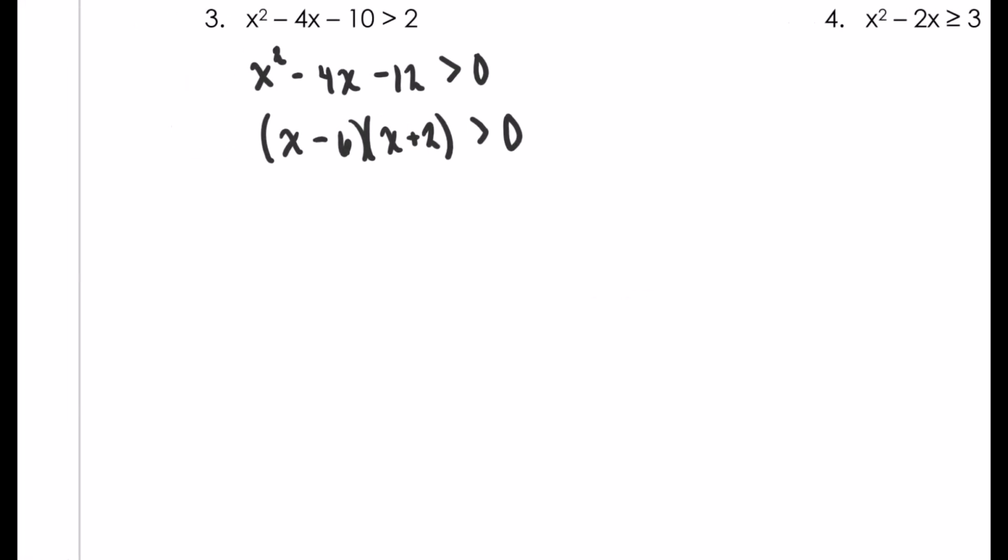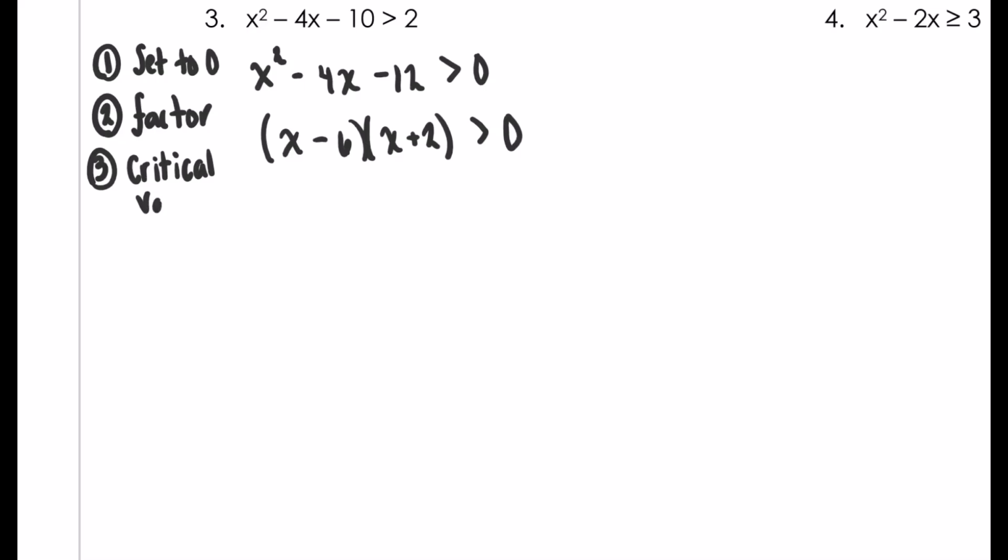All right, so first, set it to 0, second, factor, 3, find the critical values, and then you have to test the intervals.